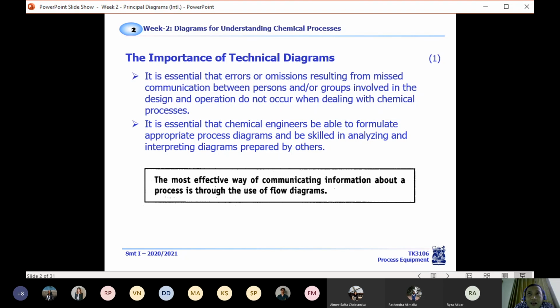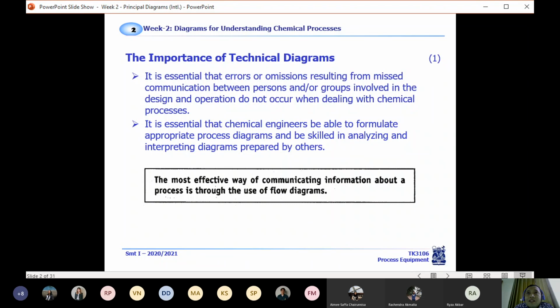As I mentioned in the previous class, when we discuss with a chemical engineer, especially one coming from another country, we have a problem related to language.